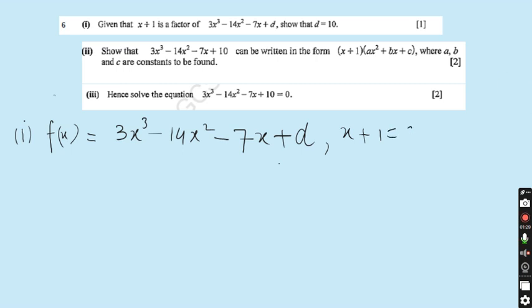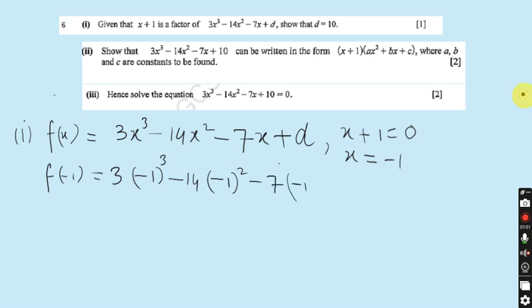This should be equal to 0, and x is equal to minus 1. Now put x is equal to minus 1 in the given polynomial: 3 times (minus 1) cube minus 14 times (minus 1) square minus 7 times (minus 1) plus d.